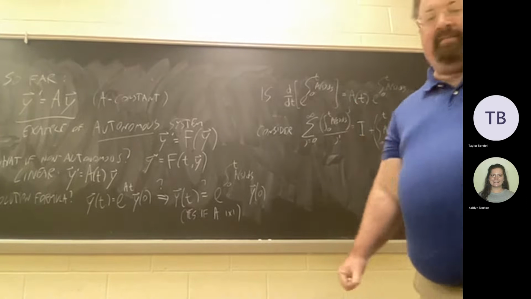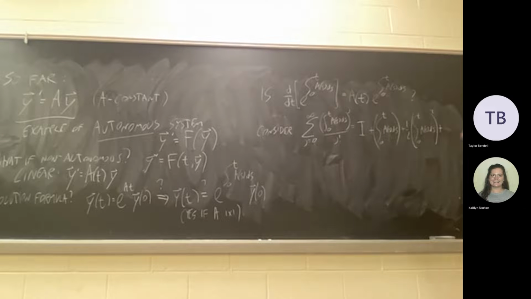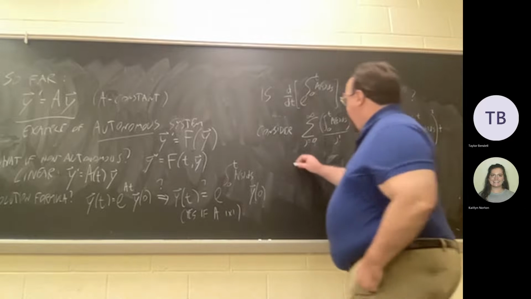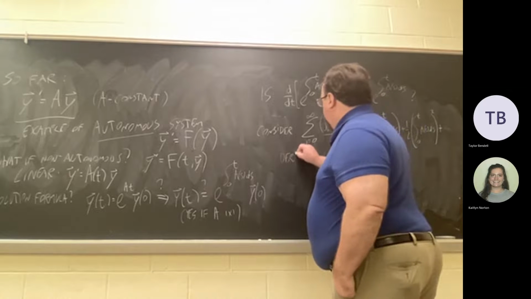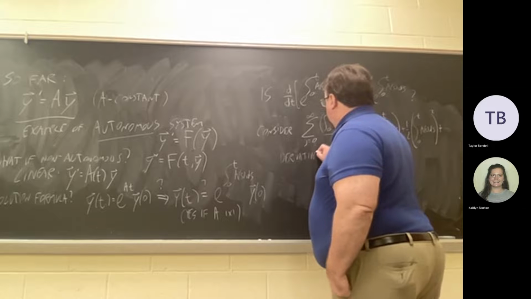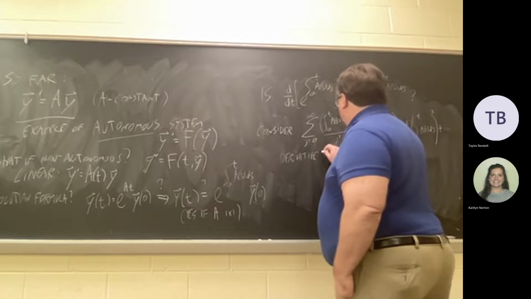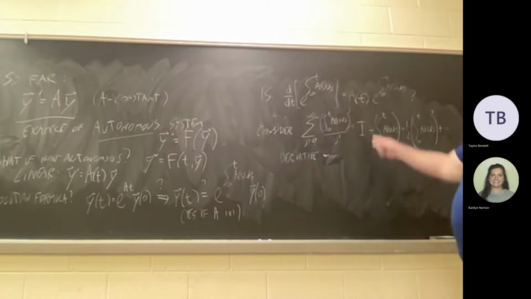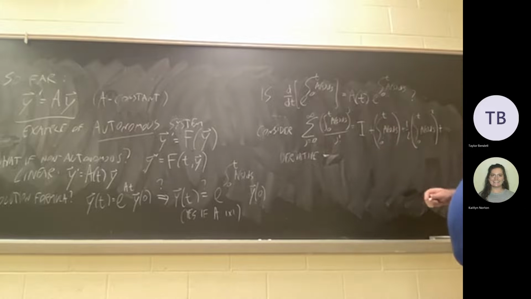All right. So if I take the derivative of this with respect to t, then what I should get are the first terms again times A of t for this whole thing to work. So let's see what happens. So derivative, well first we have identity, so the derivative is 0.